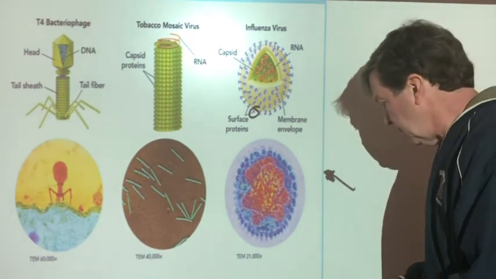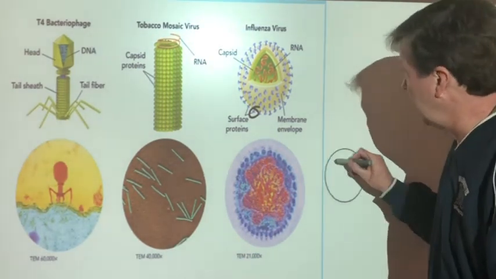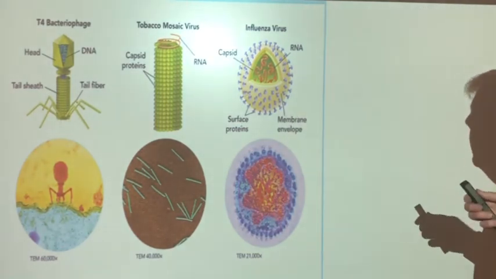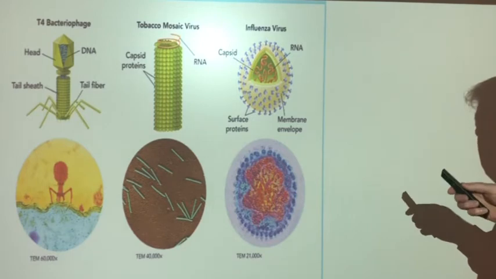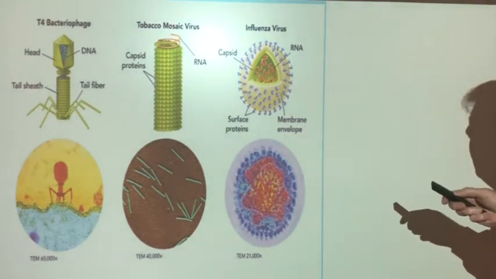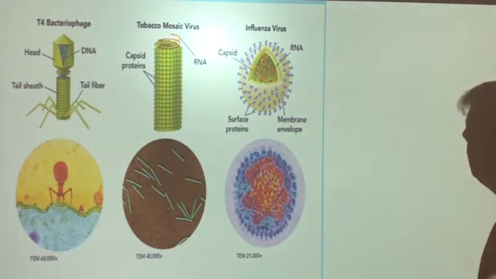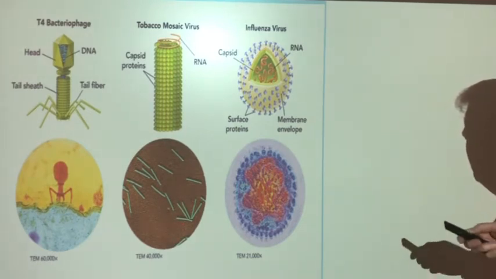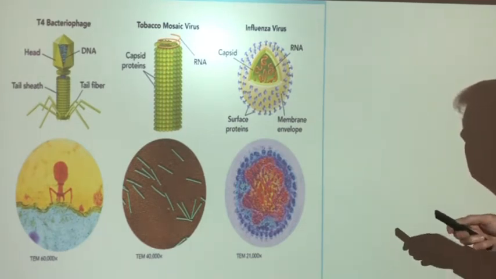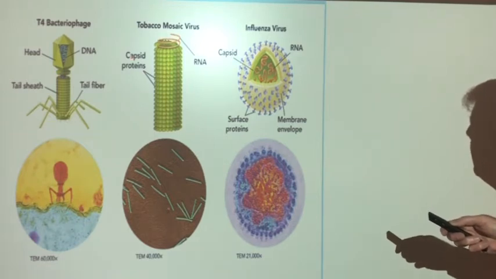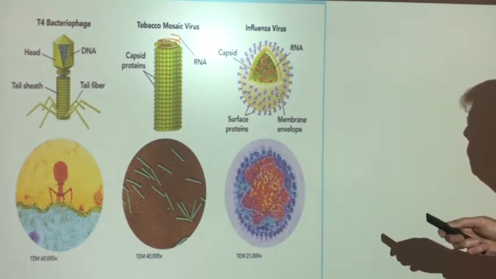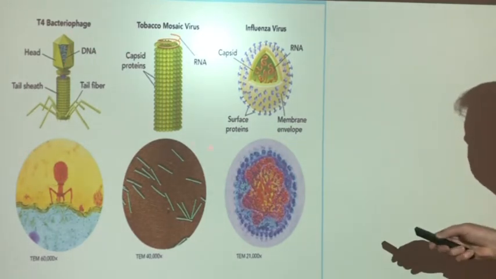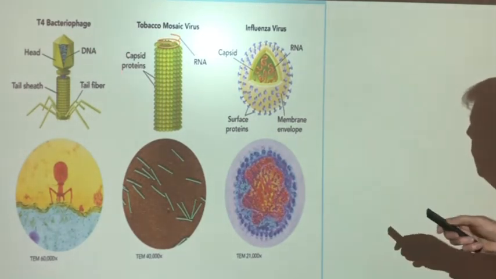Let me get rid of this. Let's also take a look at the tobacco mosaic virus. So this infects plant cells, and again, this is fairly simple. We've got the capsid protein. I do want you to draw all three of these. You already have this actually, so let's draw these and label.